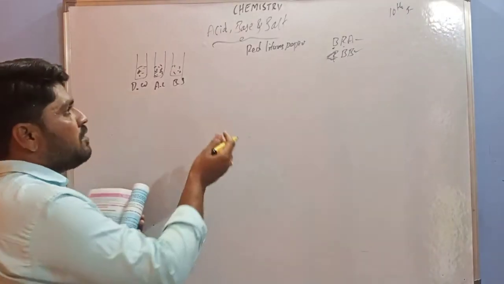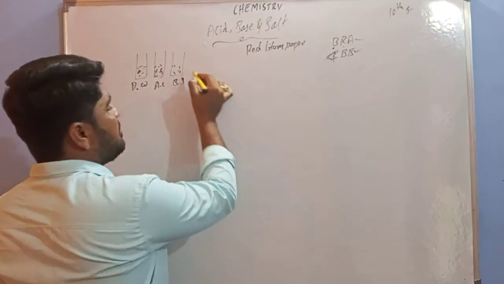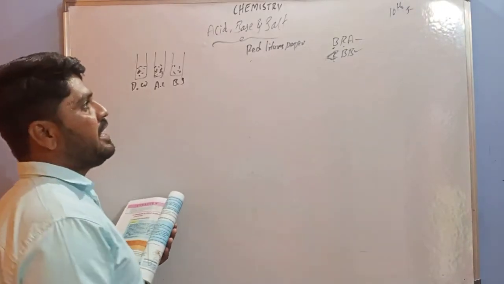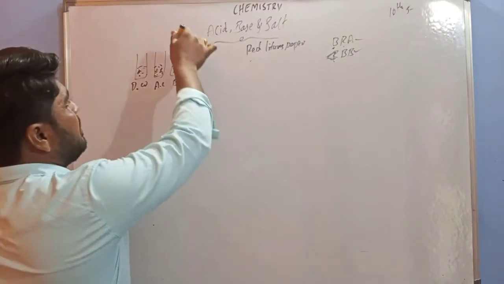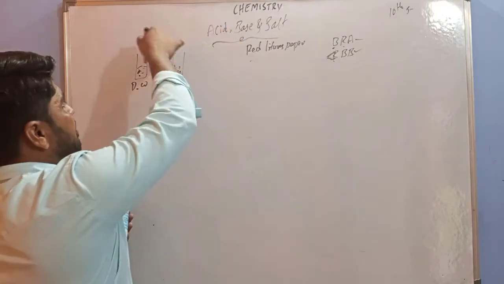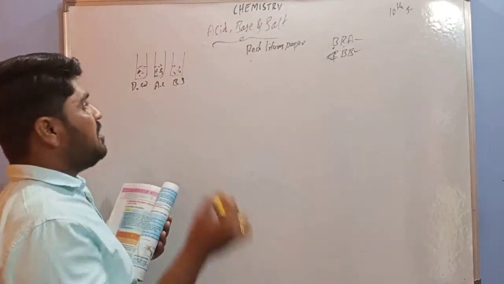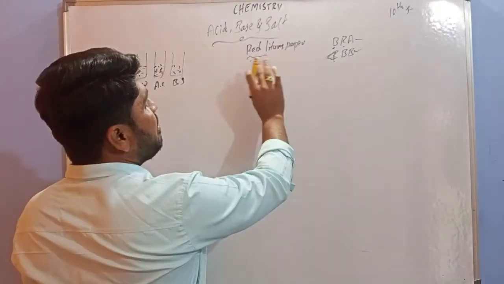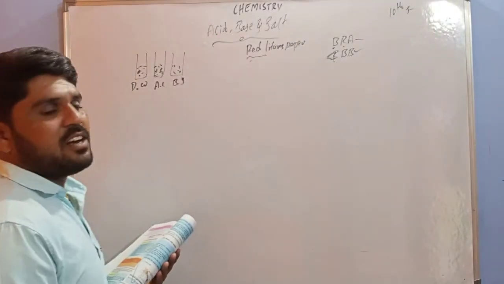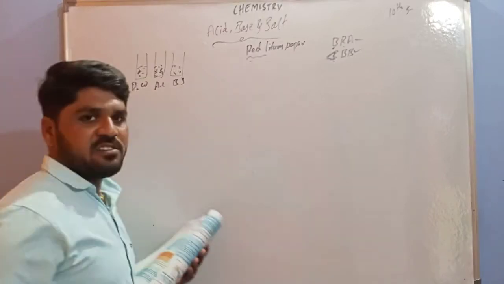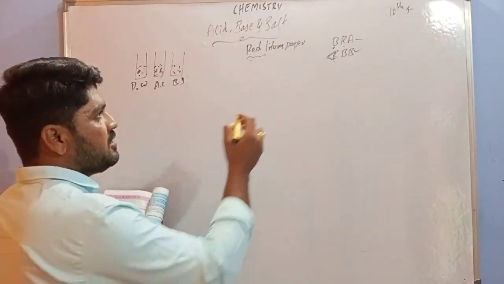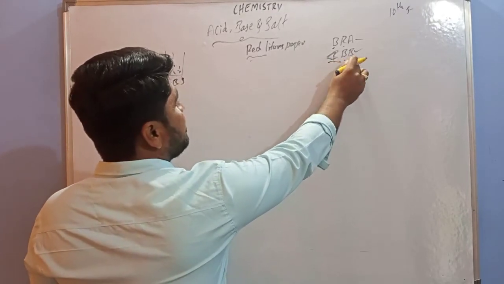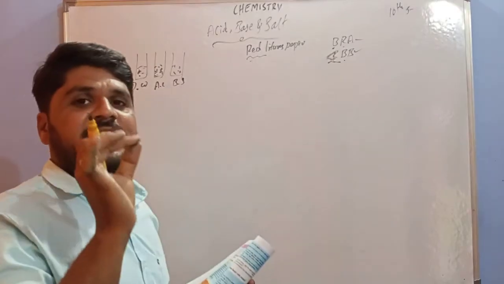First take these test tubes. Take a red litmus paper and dip it in all the test tubes one by one. In the test tube where the red litmus paper changes into blue, we call that a basic solution, basic in nature.